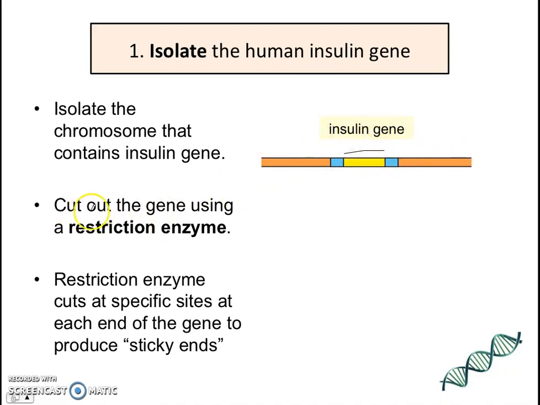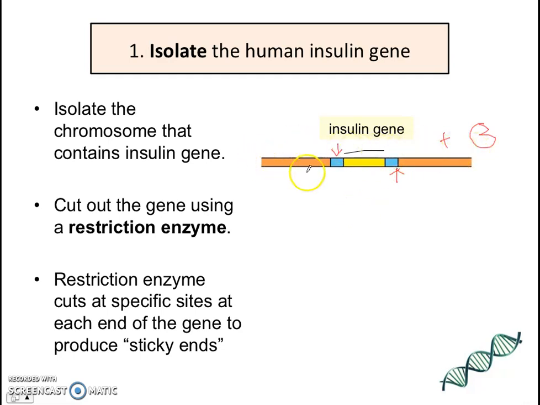Well, I cut it out by using what is called a restriction enzyme. So I will mix the chromosome together with a restriction enzyme, which I'm going to just draw out like that. The restriction enzyme will act on certain specific sites along the chromosome. It'll act at these particular DNA sequences, and it'll cut at these particular sequences.